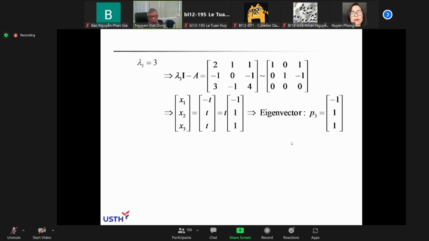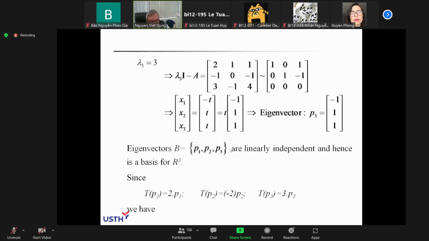So we have three eigenvectors P1, P2, P3. They are linearly independent, and because of that, they must be a basis for R3.